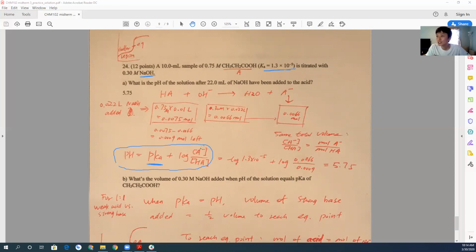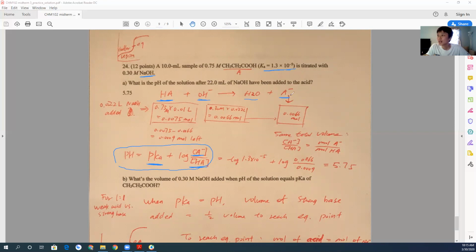All we need to do is figure out the concentration of the conjugate base of the weak acid and the amount of acid left after this base has been added. When the weak acid reacts with a strong base, which is hydroxide from sodium hydroxide, this reaction will proceed to completion, generating water and the conjugate base of the weak acid.